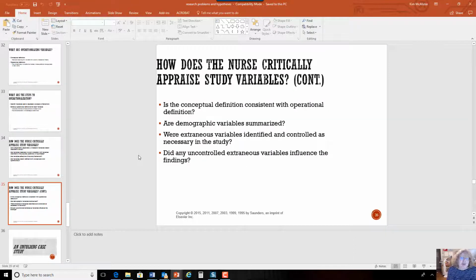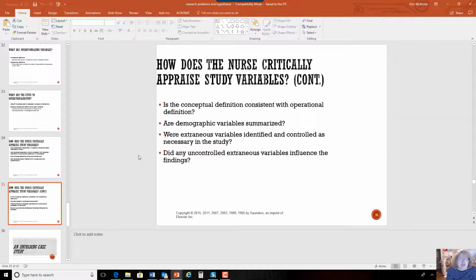And then in the recommendations, you should see some remarks about those extraneous or confounding variables, because a researcher will make recommendations for the next time, and they would say, in order to prevent this variable from happening, these are our recommendations that the next researcher should follow.